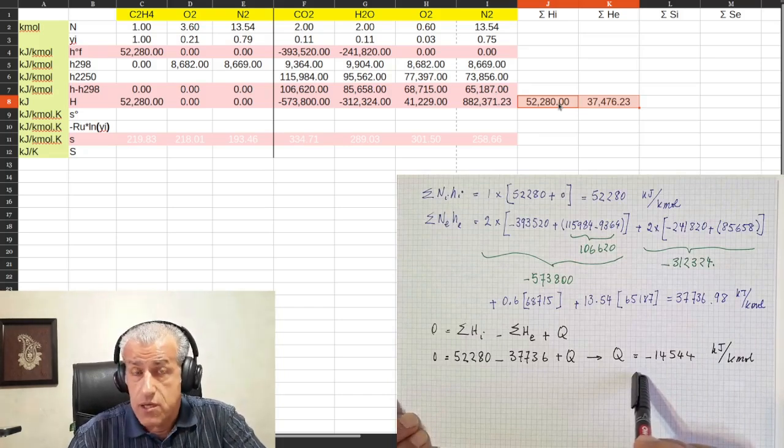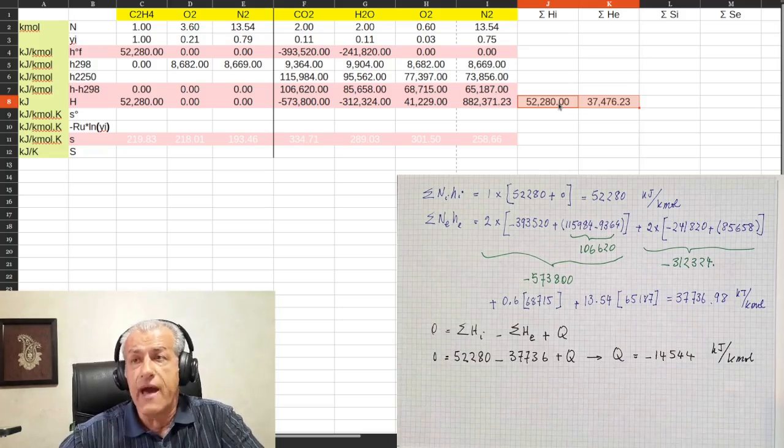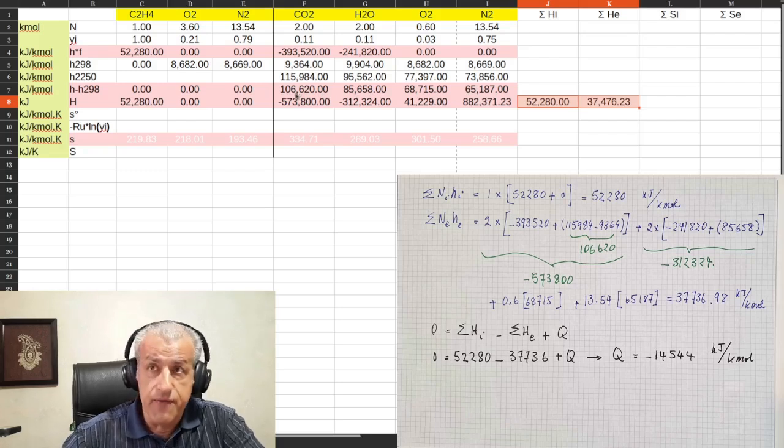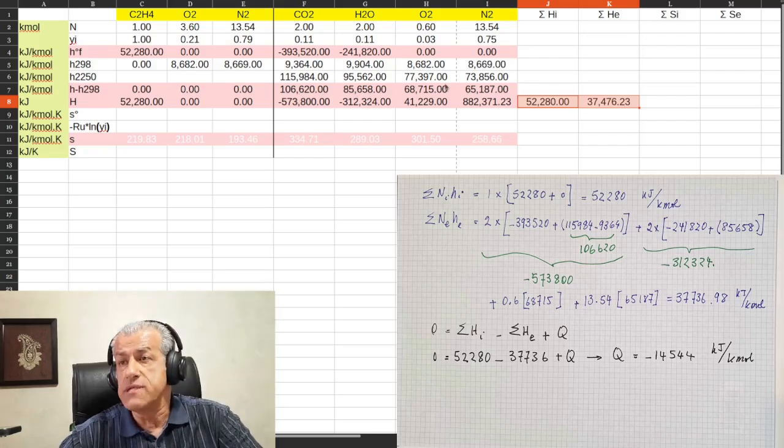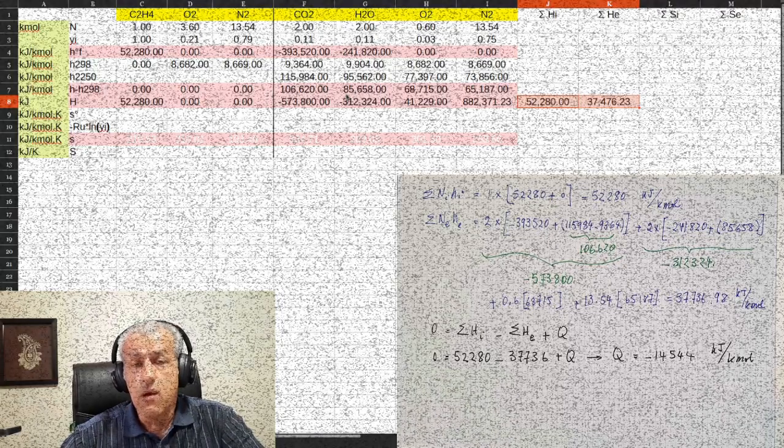If we wish, on the other hand, to calculate the heating value, what we have to do is to assume that product temperature is 298, and therefore all these values would be 0. If product temperature was 298, all these values would be 0, and therefore the heat that we could calculate from this equation would be the heating value.